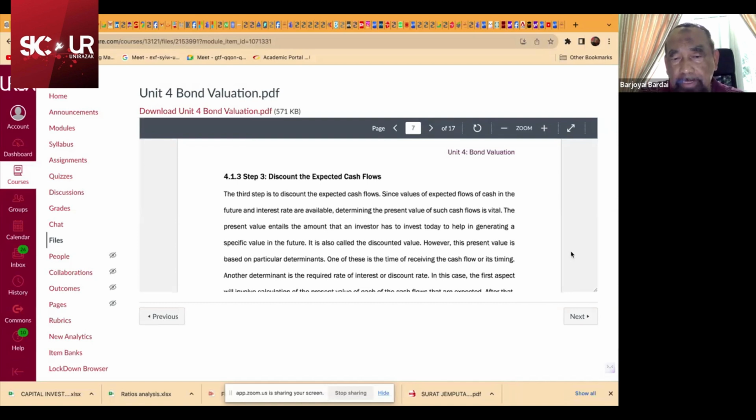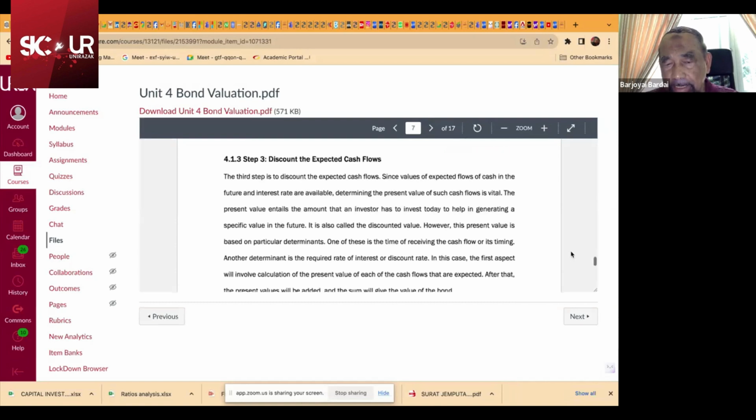The present value entails the amount that the investor has to invest today to help in generating a specific value in the future. It is also called the discounted value. However, this present value is based on particular determinants. One of these is the time of receiving the cash flow, or its timing.